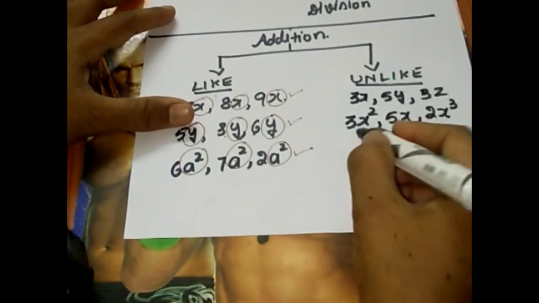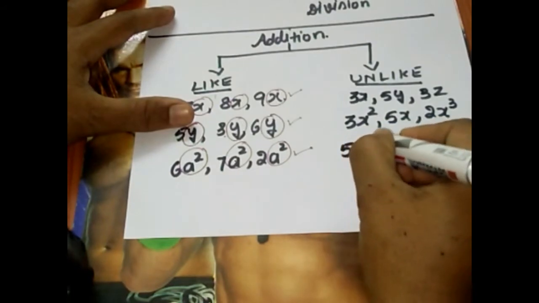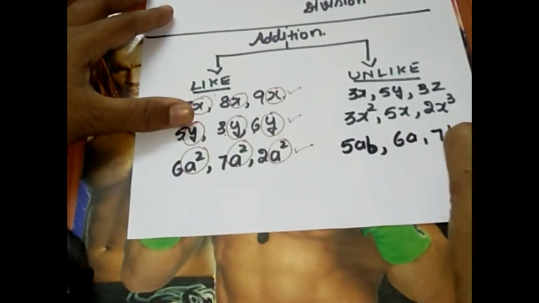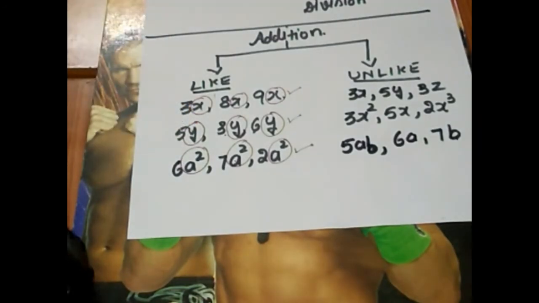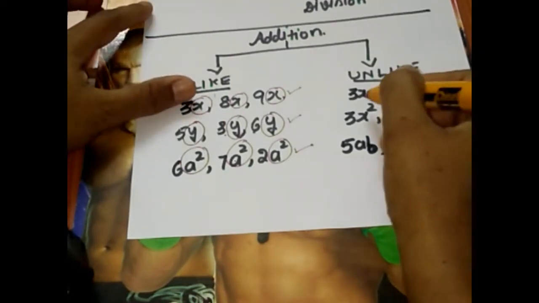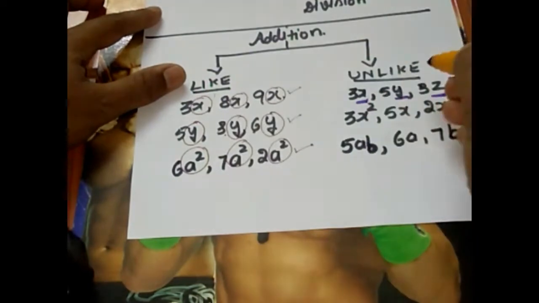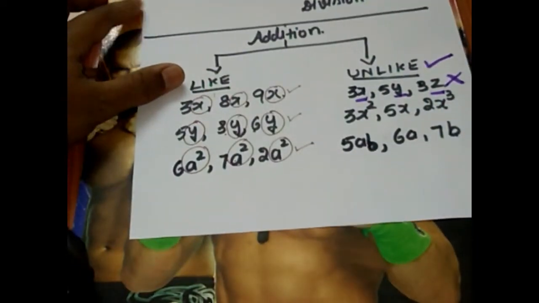Third example, 5ab, 6a, 7b. Here you can observe and notice in the first example we have three different algebraic coefficients x, y and z, and hence they are not like terms, they are unlike terms.